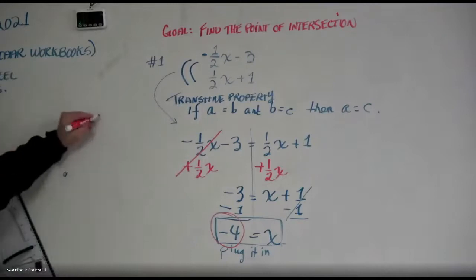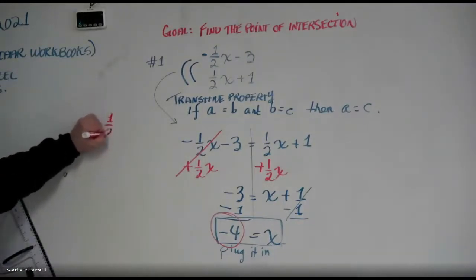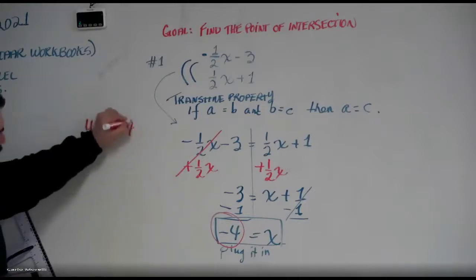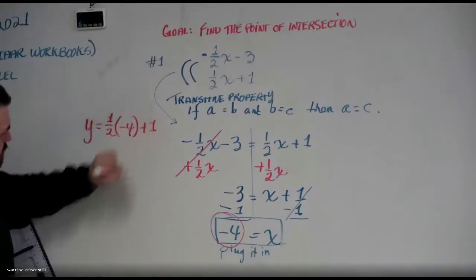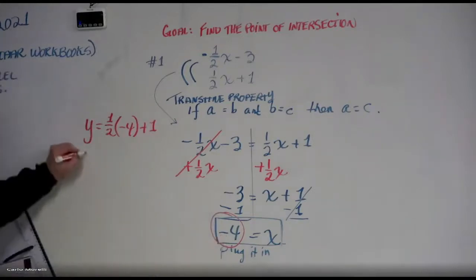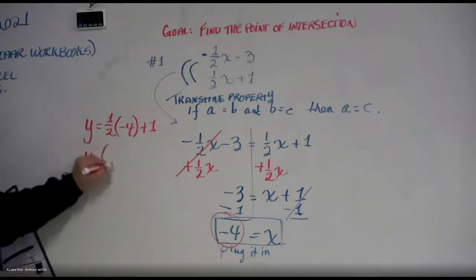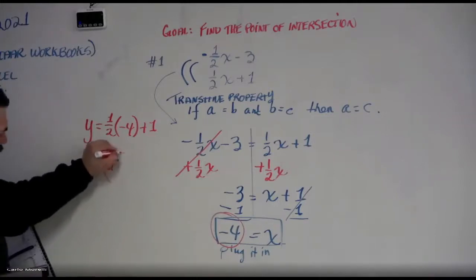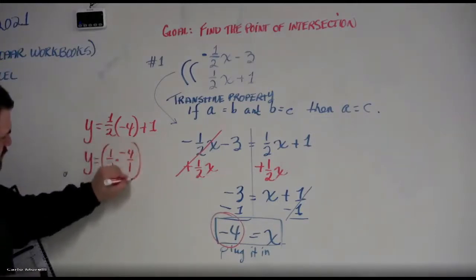So now I'm going to come back here, and I'm going to write y equals 1/2, open parentheses, negative 4, close parentheses, plus 1. This negative 4 is what we found. So now that gives me y equals 1 over 2 times negative 4 over 1 plus 1.